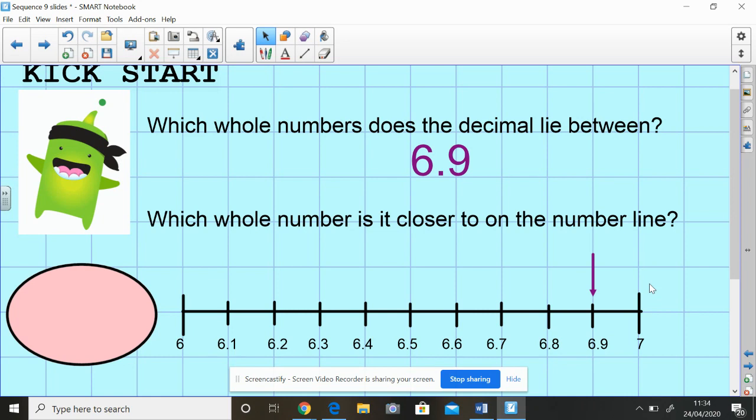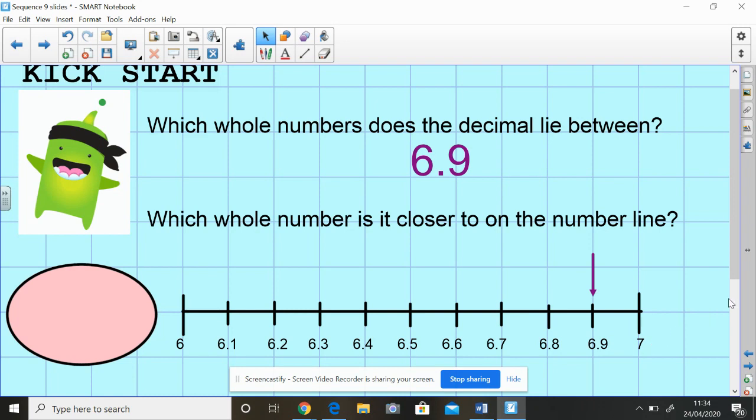Then I need to think, which whole number is it closest to? What way am I going to round it? 9, the number in the tenths column, is above 5, so that means we round 6.9 up to the nearest whole number. And when we round 6.9 up, we get 7. And from our number line, we can see that 6.9 is closer to 7.